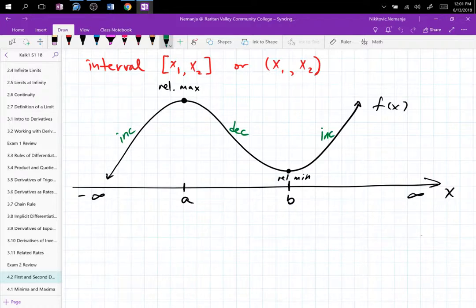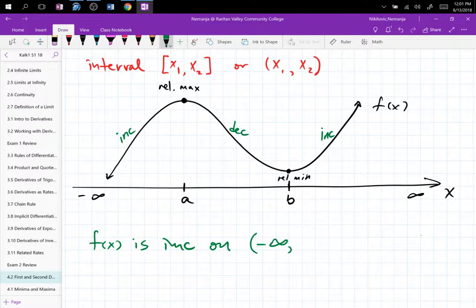Now, there is also notation here that we are going to use. I'm going to say that f of x is increasing on negative infinity to A union B to positive infinity.